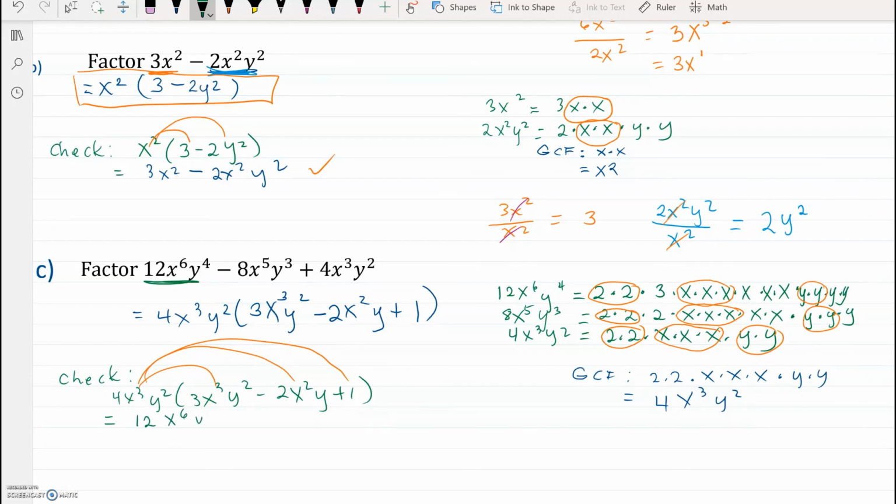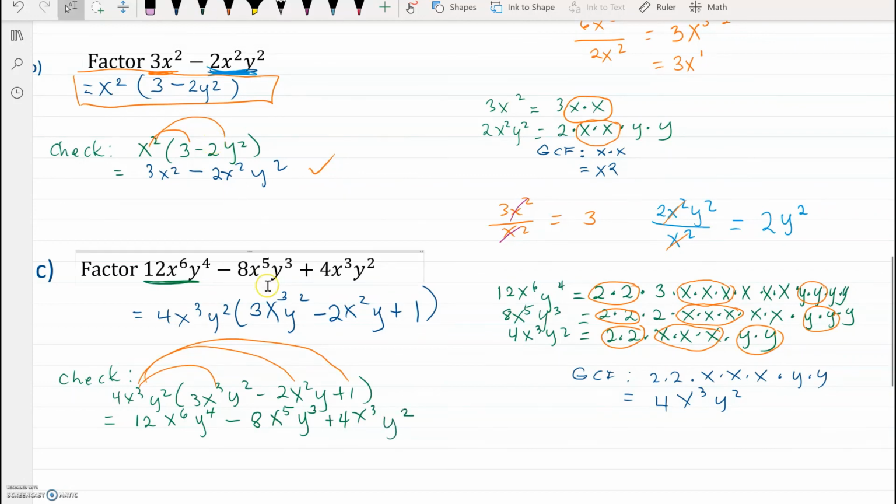Y squared times y squared, that's y to the 4th. What's 4 times 2? It's 8. What's x cubed times x squared? That's x to the 5th. What's y squared times y? That's y cubed. And then 4x cubed y squared times 1 is 4x cubed y squared.